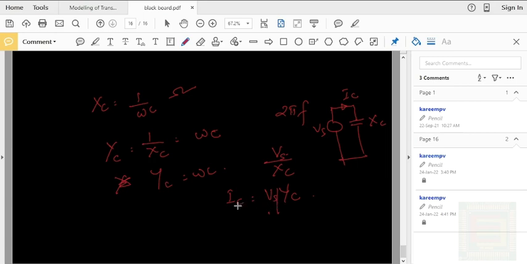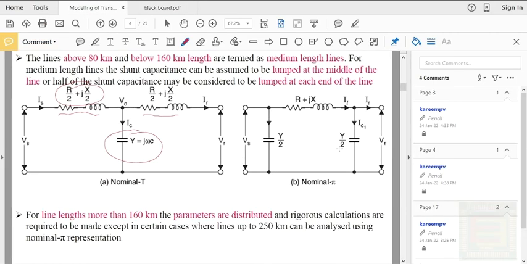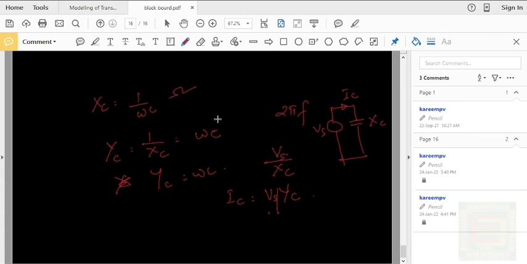And you can see that this capacitance will always be a shunt element. That is why it is represented as Ys here. In most of the books you can see it as Ys, or you can represent it as Yc, and it is given by j omega C. Generally the capacitive reactance is represented as minus jXc if you are representing the parameters in real plus imaginary form.